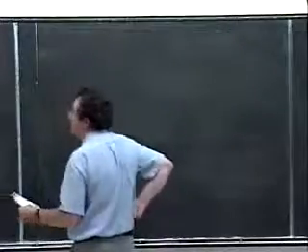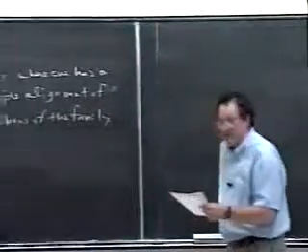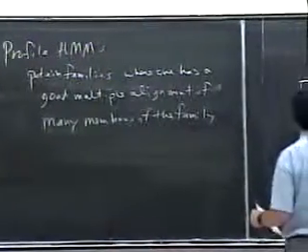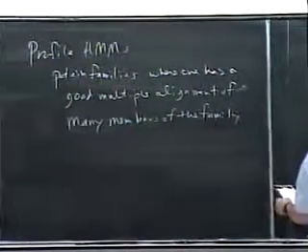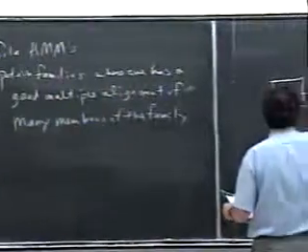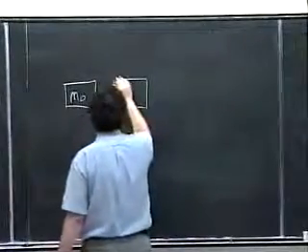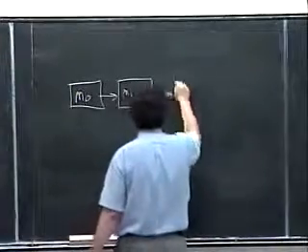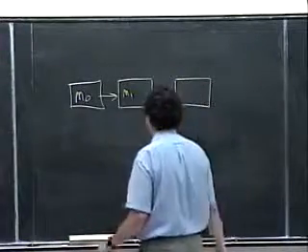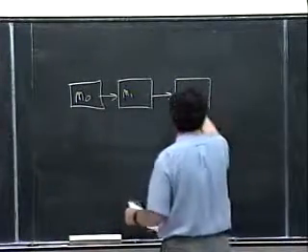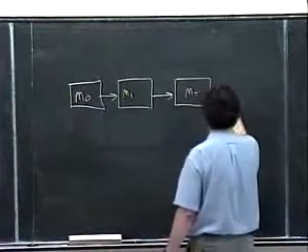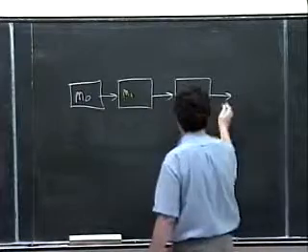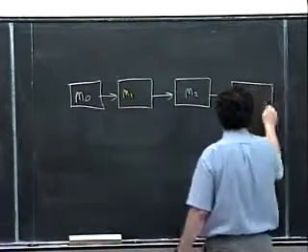The profile hidden Markov models all have a very similar structure. Basically, I'll use their notation. You have a backbone here which gives particular characters or gives a distribution of characters.